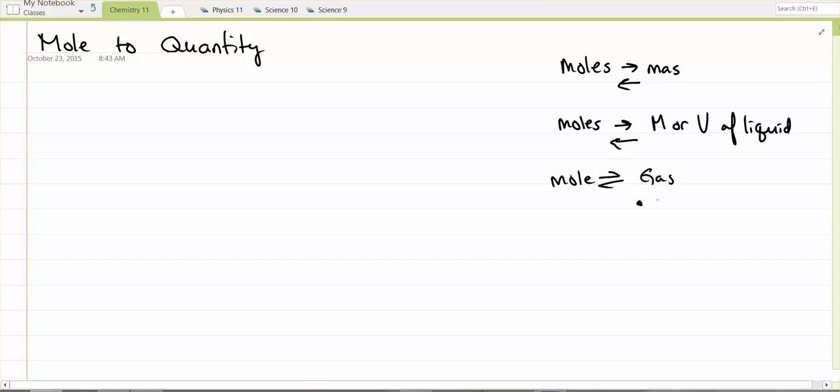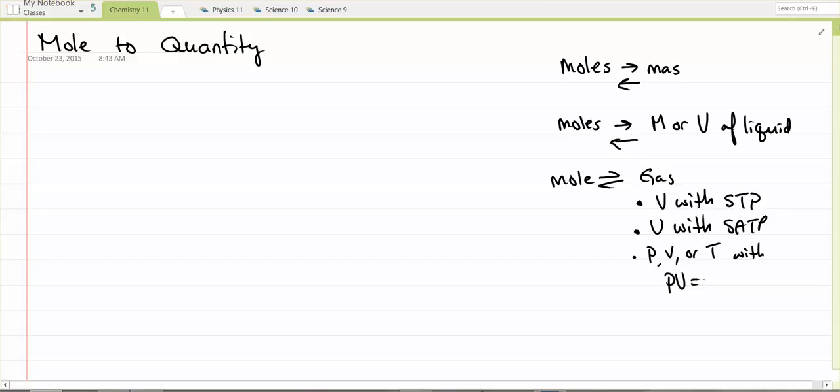So number one, volume with SATP or STP, let's start with that. Volume with SATP and pressure, volume, or temperature with our ideal gas law, PV equals nRT.